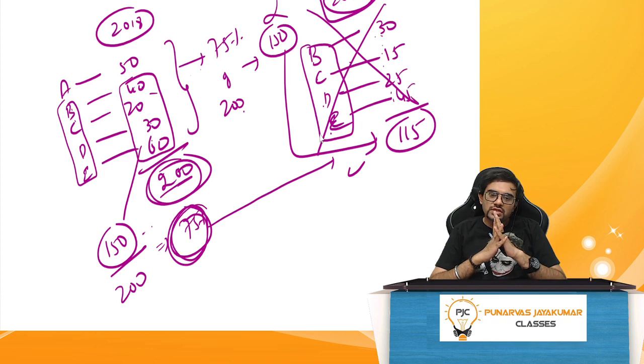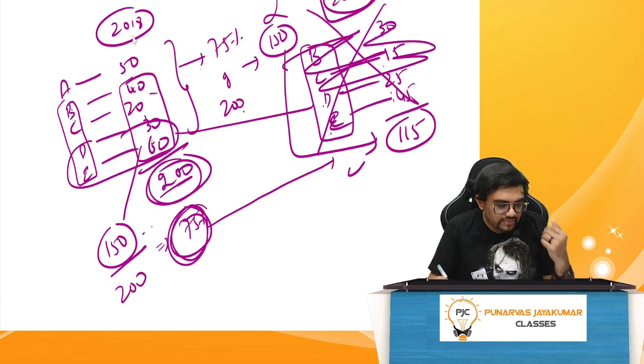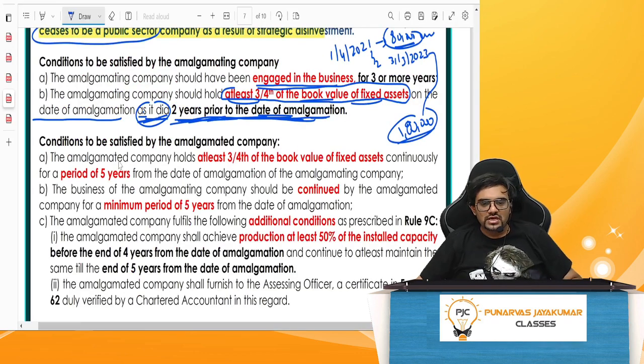Got it? For instance, in this only D and D are remaining here. 90 by 200, was it representing 75%? No, not representing 75%. So if you see, amalgamating company should hold at least 3/4 of the book value of assets on the date of amalgamation as it did 2 years prior to the date of amalgamation.